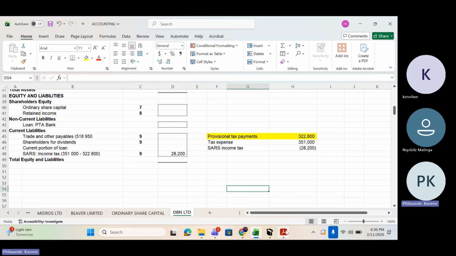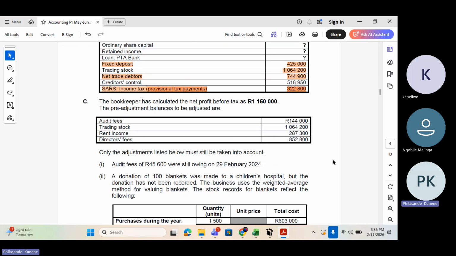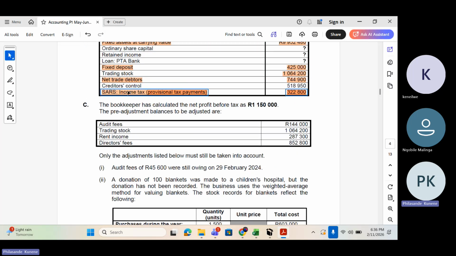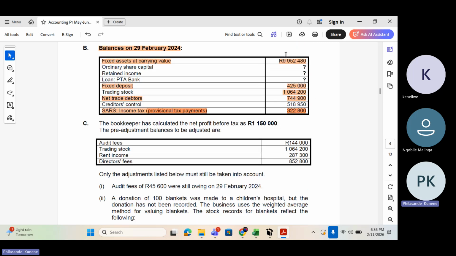Okay, let's carry on. It was just a matter of touching on this one. We must know that for the SARS income tax sitting here, they're not telling us whether it's a debit or credit. Sometimes the trial balance will show you a debit and a credit column, or they'll show positive or negative amounts. Since they're not saying anything, but this is a provisional tax payment, it tells us this is a debit balance.